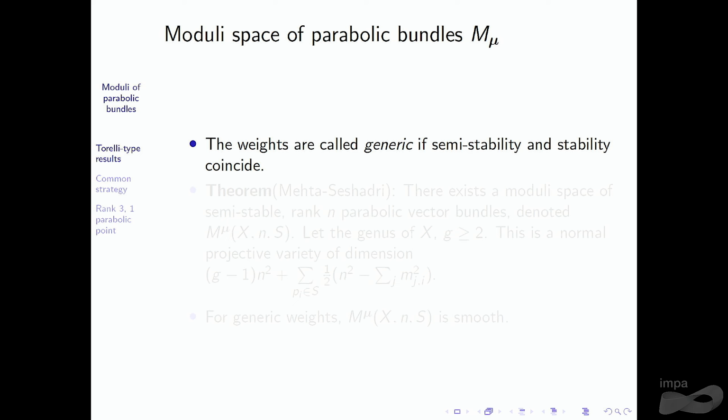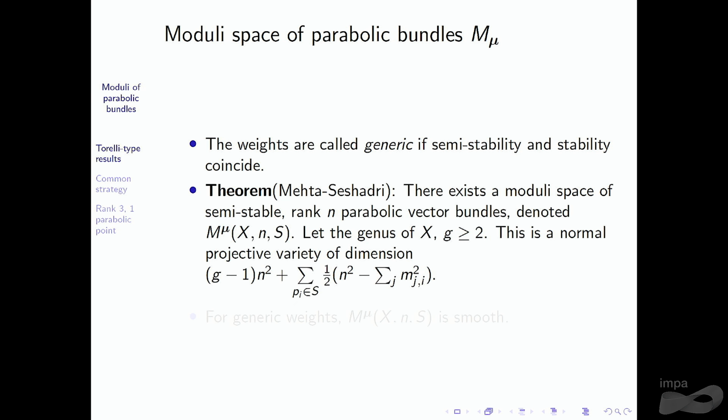So the weights are called generic. In usual moduli spaces of vector bundles, if you ask for the rank and degree to be co-prime, then stability and semi-stability are the same, yes? And the moduli space is smooth. Here, you say that the weights are generic if semi-stability and stability coincide. And for those kinds of weights, you again have something which is smooth.